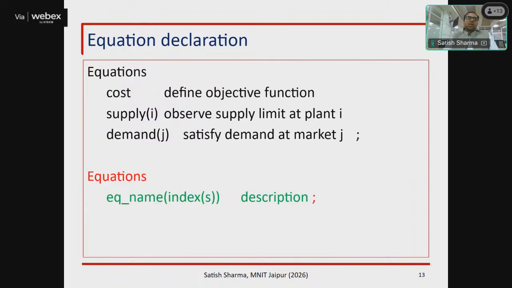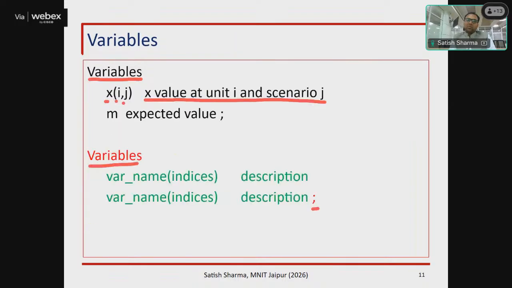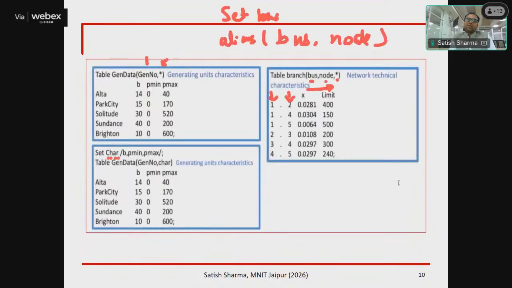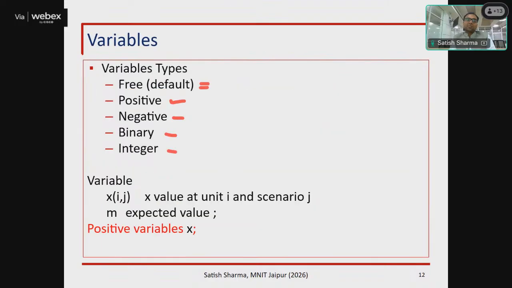Now equations have two segments. So far, everything was declared and defined all together. Variables were defined and declared together. The data inputs are also defined and declared at the same time.